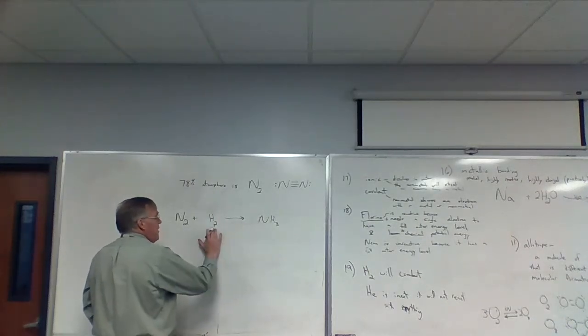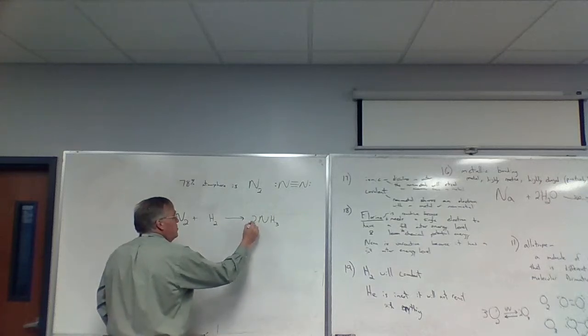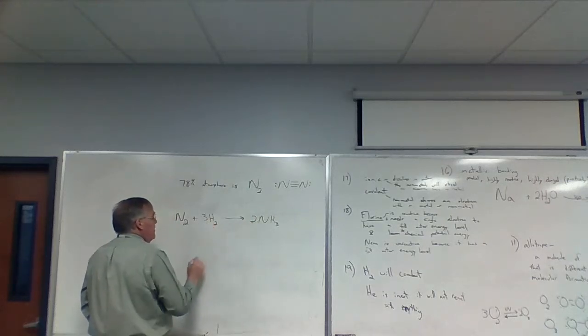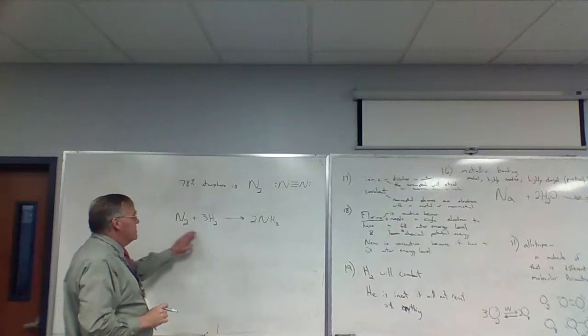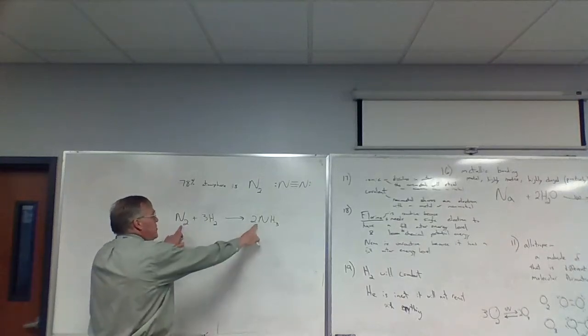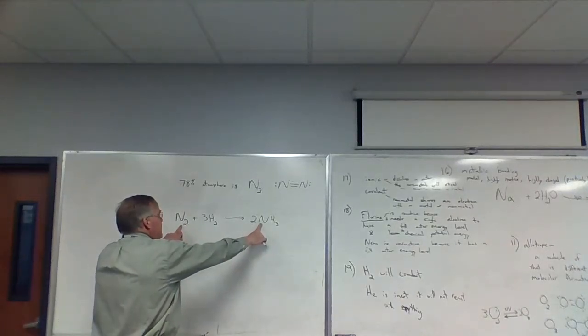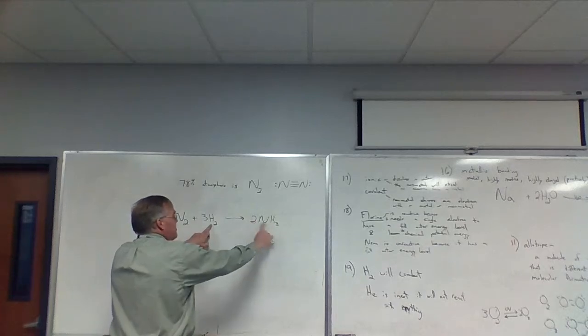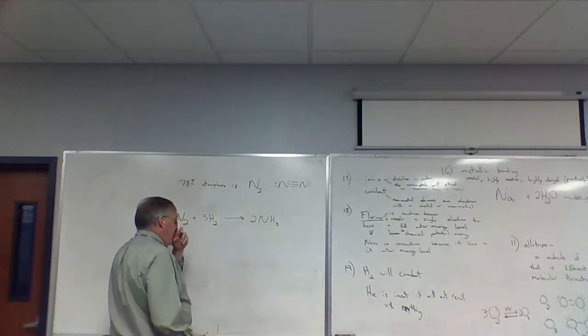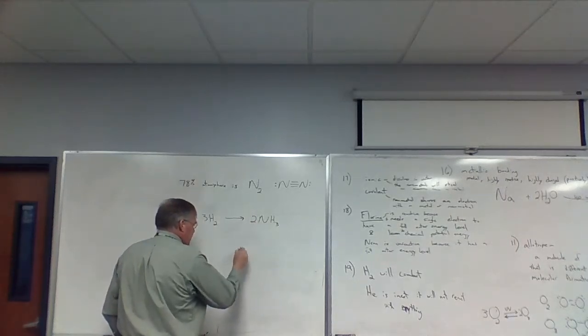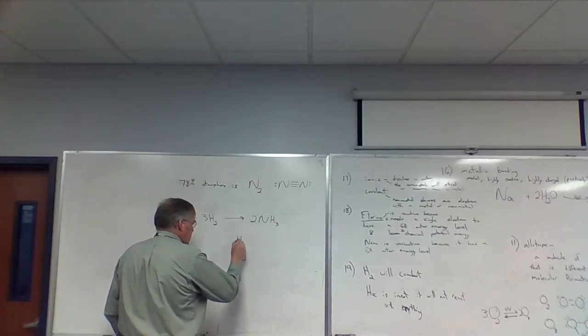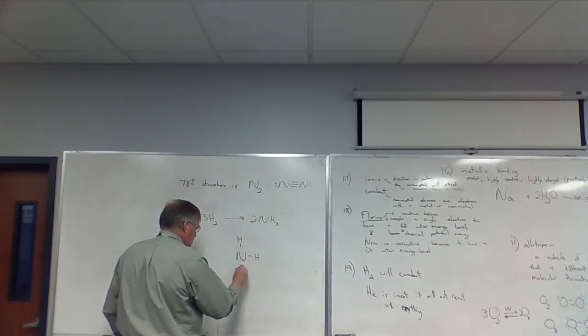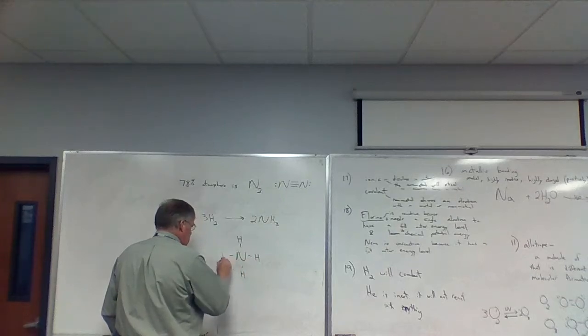Okay, and let's balance this equation. Let's put a 2 here and a 3 here. And now this is a balanced equation. There are 2 nitrogen atoms on each side. There are 6 hydrogen atoms on each side. NH3 looks like this. I'm sorry, that's 4.